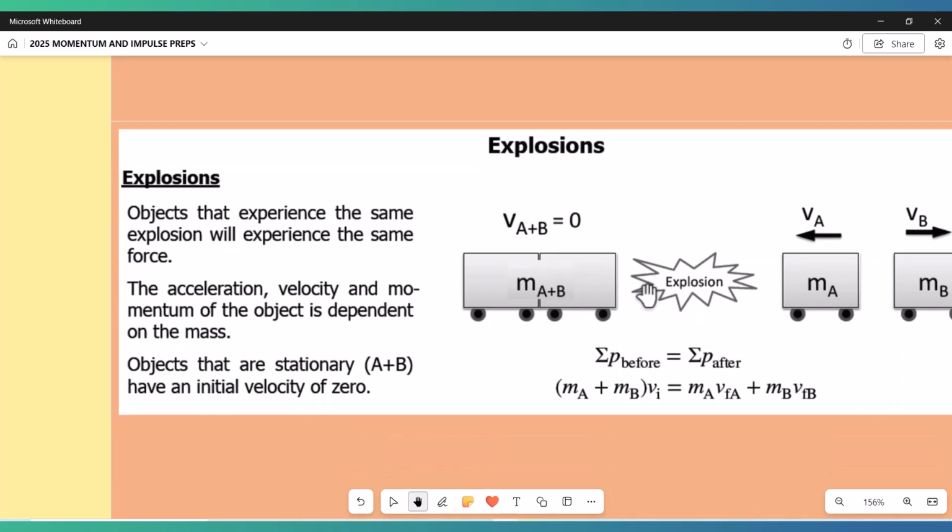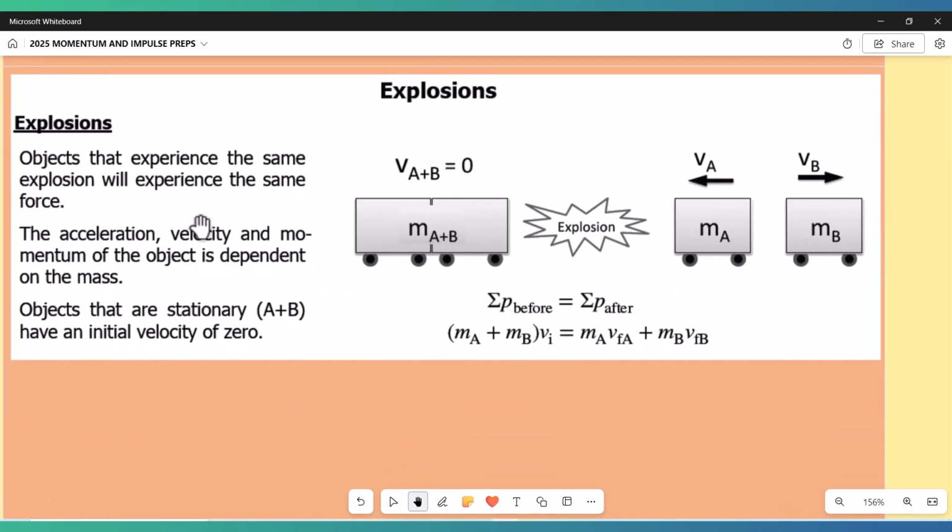Now, let's talk about explosions. Objects that experience the same explosion will experience the same force. I repeat, objects that experience the same explosion will experience the same force. The acceleration, velocity, and momentum of objects depend on the mass. And objects that are stationary have an initial velocity of 0. Now an explosion means that they were together at first.